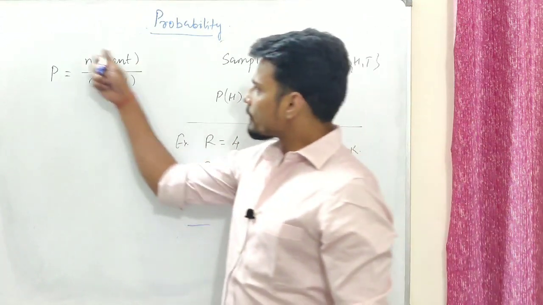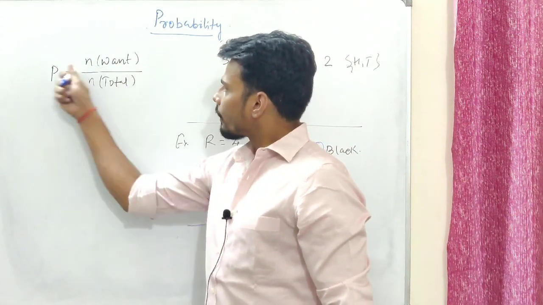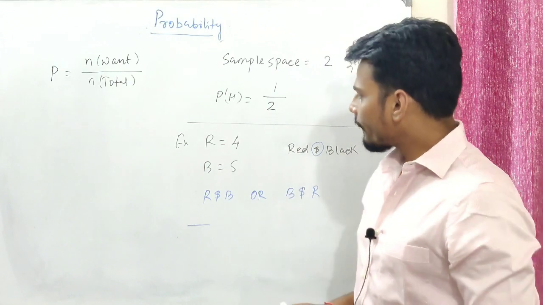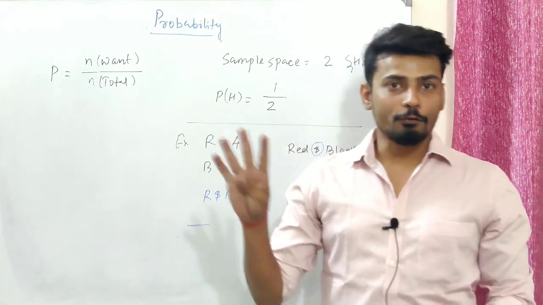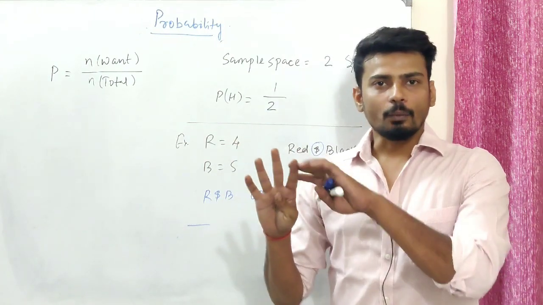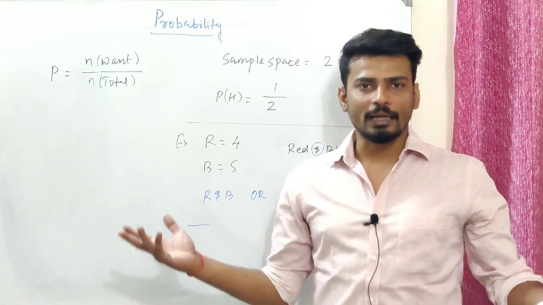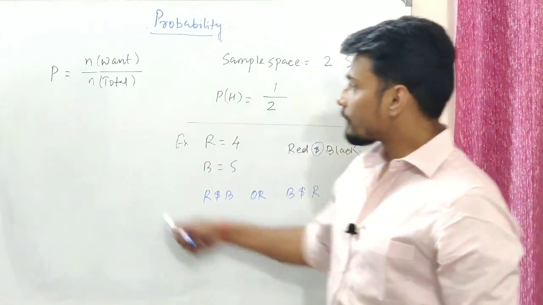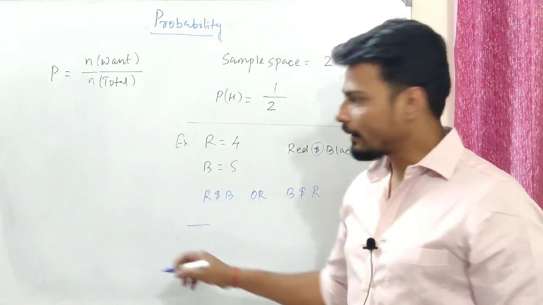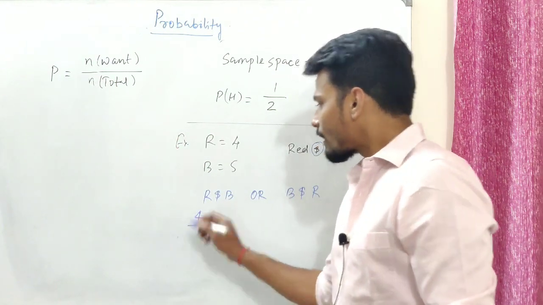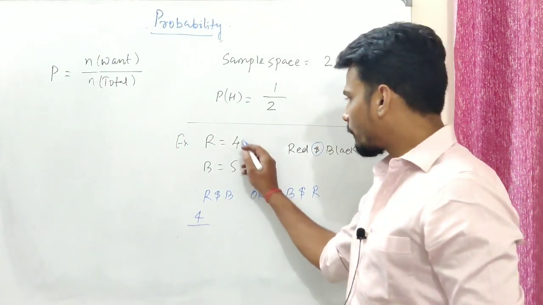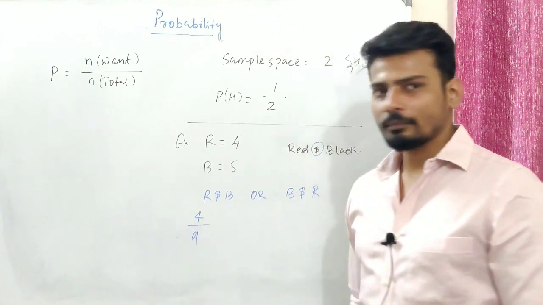So if I look at this formula, how many red markers do I have? I have 4 red markers, and if I get one among these 4, I'll be happy, right? So the number of ways in which my want can be fulfilled is 4. Out of how many? Out of 4 plus 5, 9.